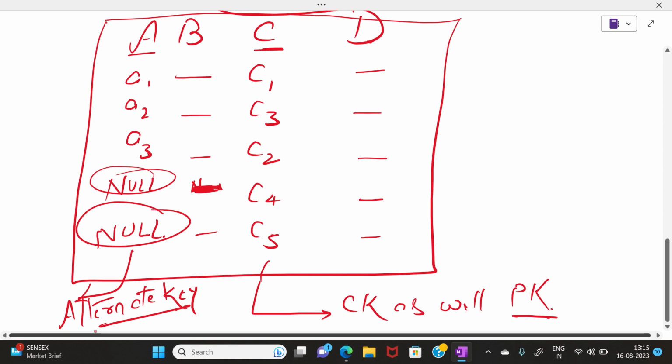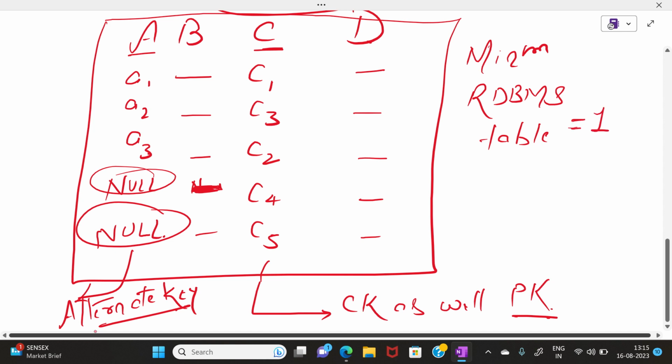So this way we can combine it as a single table. So minimum RDBMS tables is equal to 1, and no foreign key, of course, because we don't need any foreign key here. This will be the alternate key and this will be the primary key. So this could be the design.